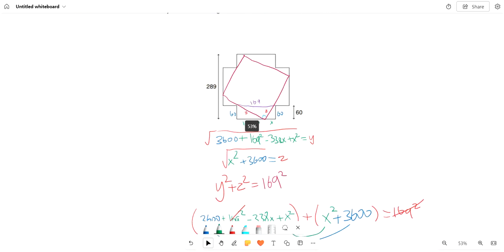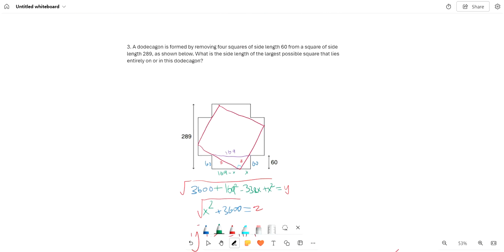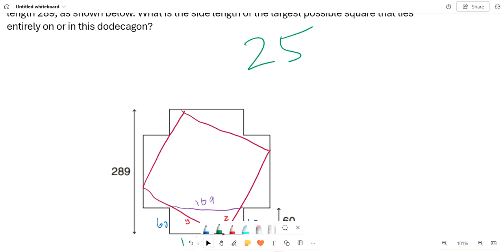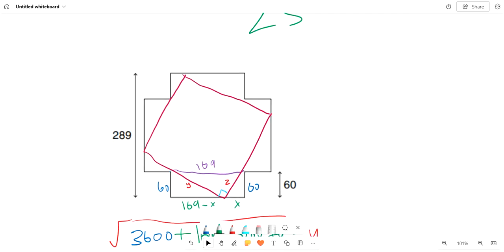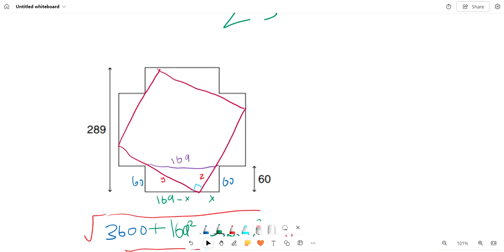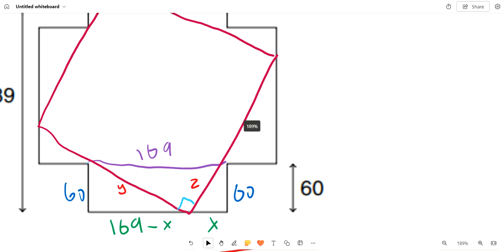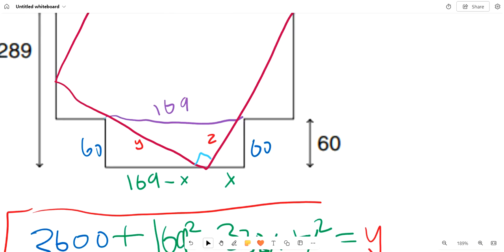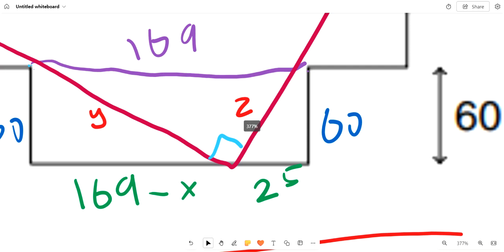And so we found x now. Let's just say x is 25. Either way, the calculations will be the same. I just like 25 better. So now we can see that this is 25 and this is 144.